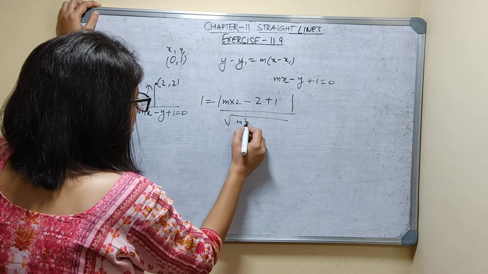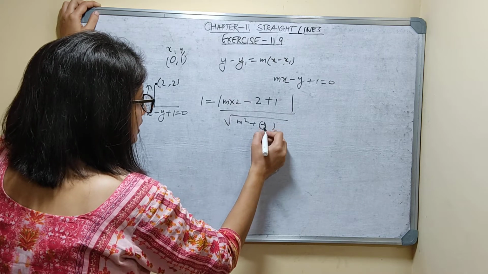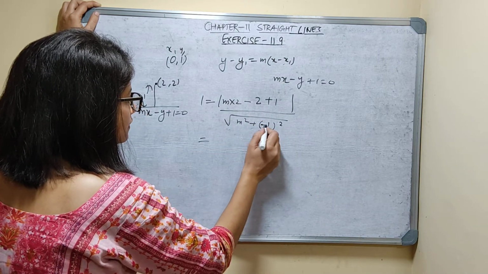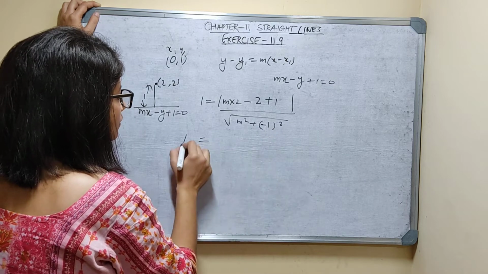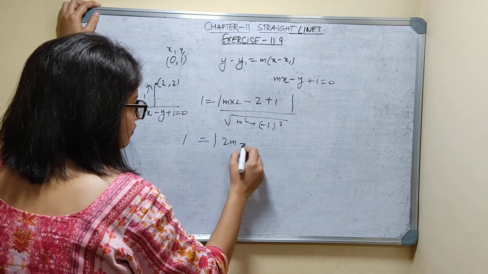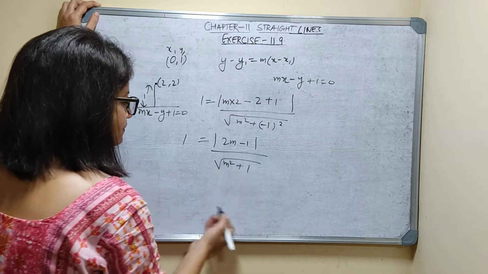a square plus b square is m square plus minus 1 whole square. So you will get 1 equals 2m minus 2 plus 1, that is 2m minus 1, upon root of m square plus 1.